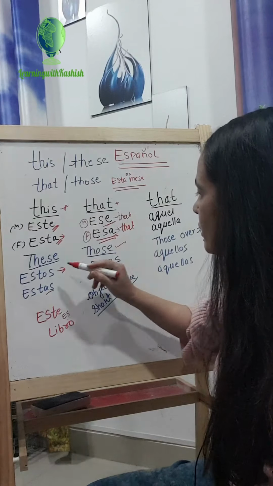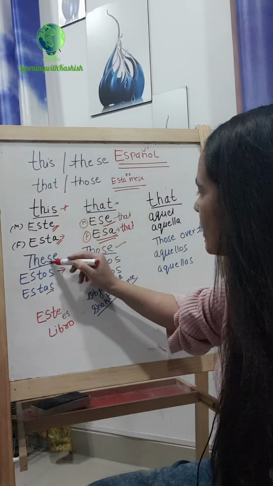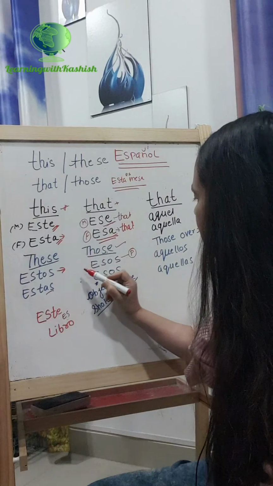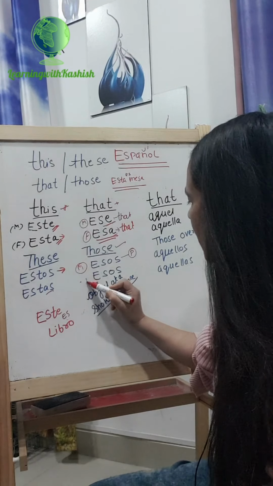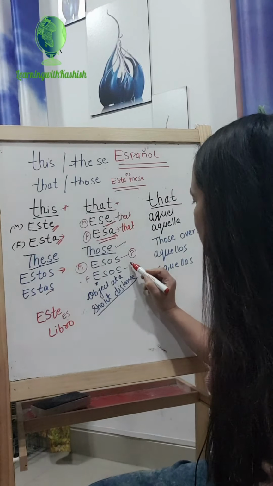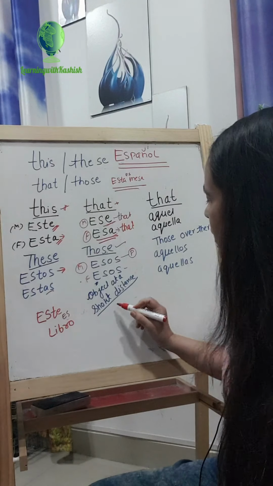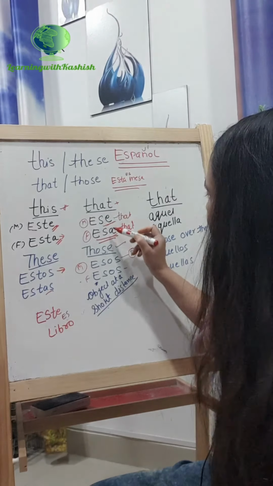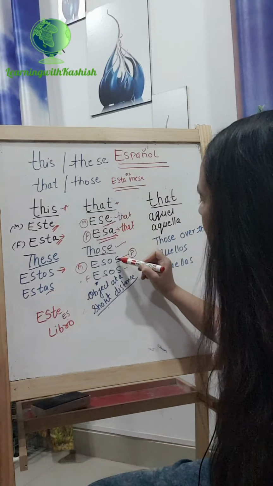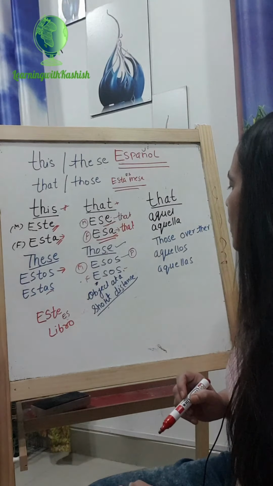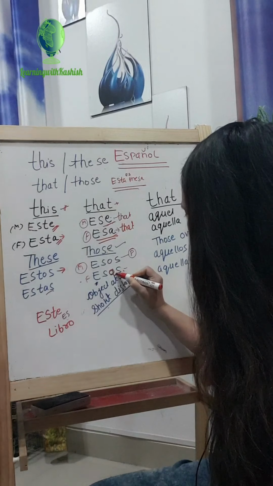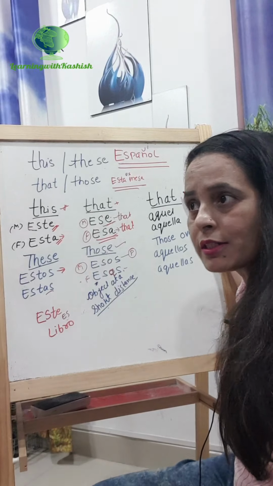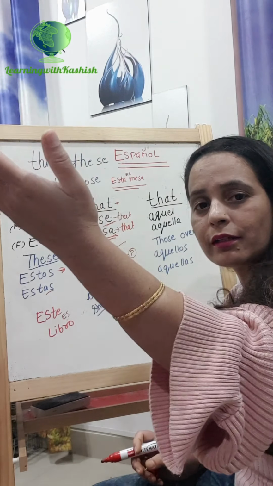Similarly for those: esos is plural masculine, and esas is plural feminine, those. For objects at a short distance, we will use ese, esa, esos, esas.